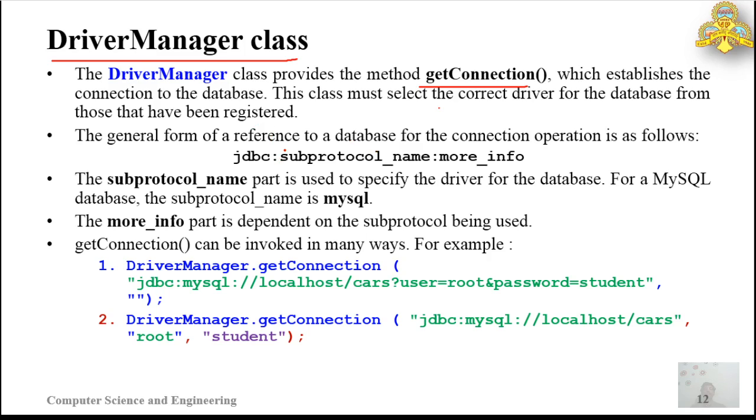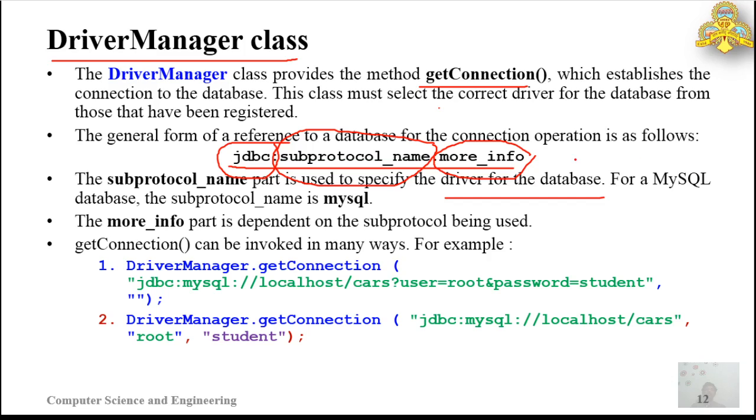The reference to a database is provided in a URL format, and its syntax is like this. The first word is jdbc, then the protocol used to connect with the database, that is the sub-protocol name, and additional data, that is more info. The sub-protocol name part is used to specify the driver for the database, and it is usually specific to a particular database.